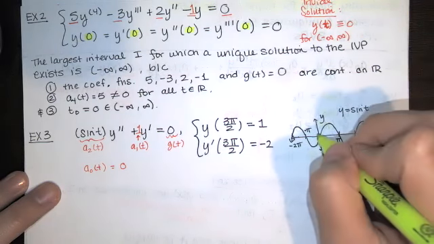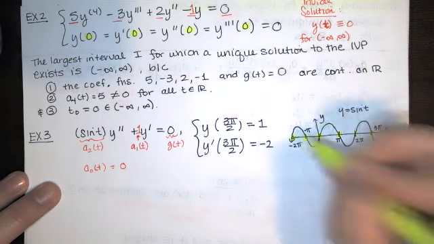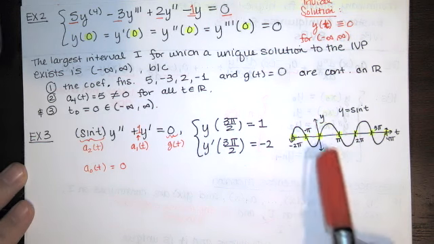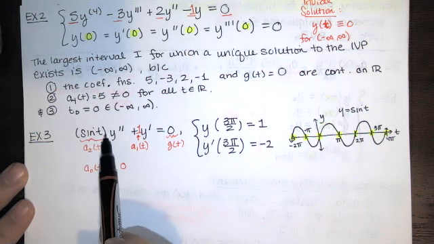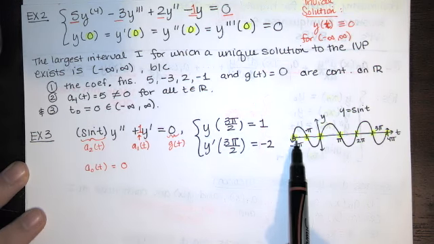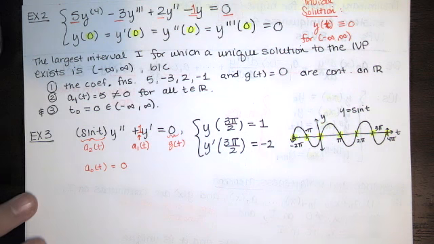So 0 and pi and 2 pi and 3 pi and 4 pi and negative 2 pi and so on. All of those are t values where this is equal to 0. So those t values are going to restrict that interval of existence that we're looking at.